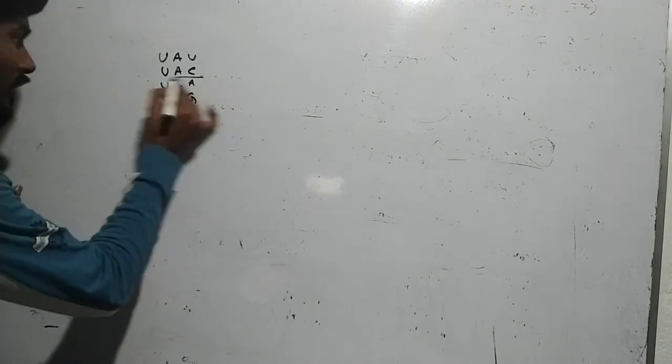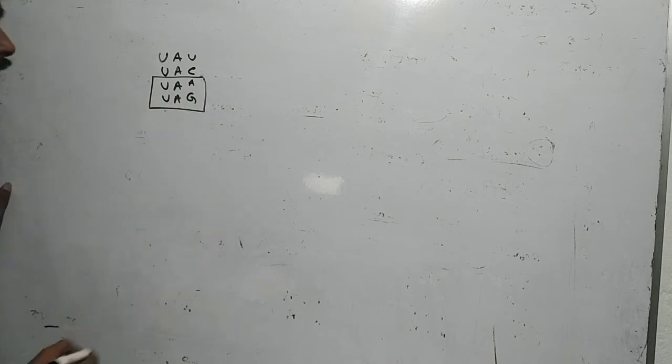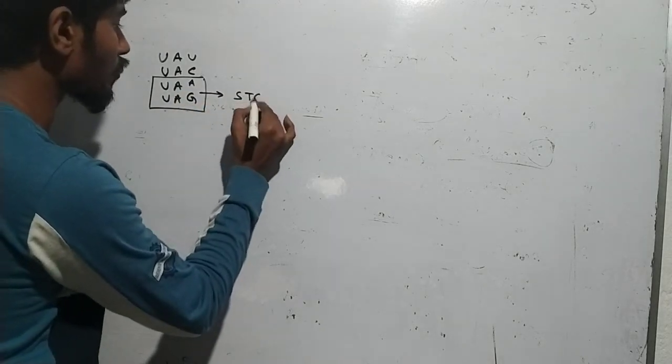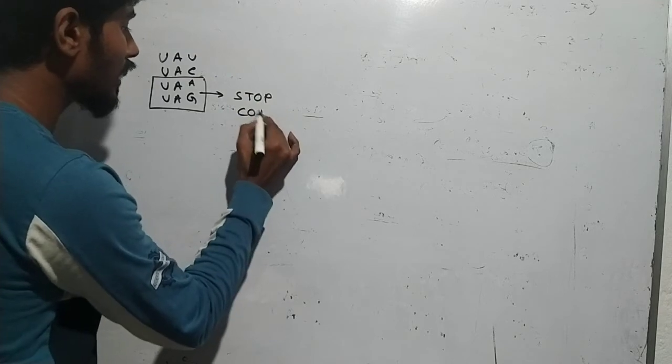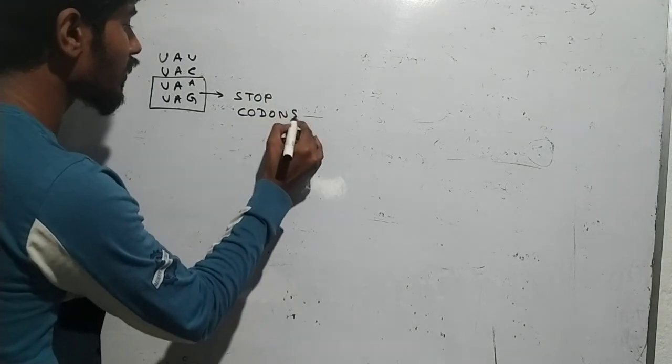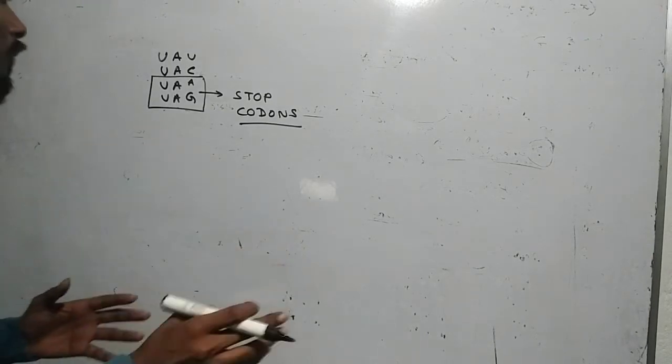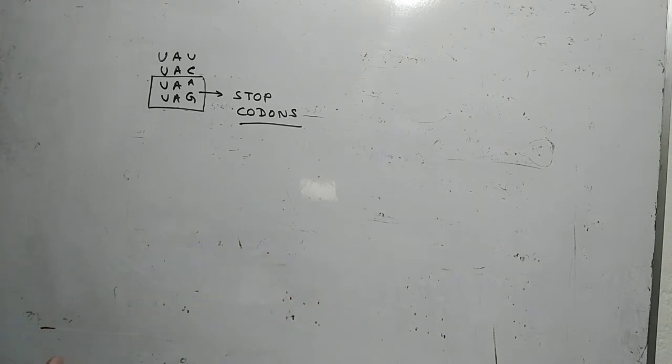Now here you see that there are 4 codons, and they encode something very beautiful actually. Always remember that these 2 codons, UAA and UAG, are stop or termination codons. So these codons should be remembered individually because they are very important. Actually there are 3 stop codons. We'll be studying about them later.